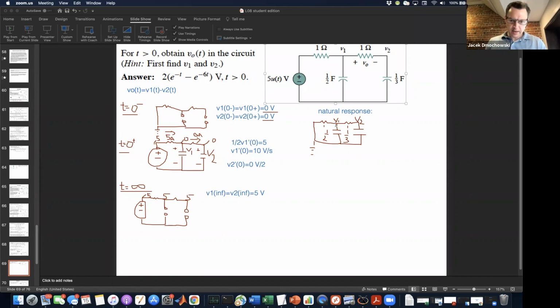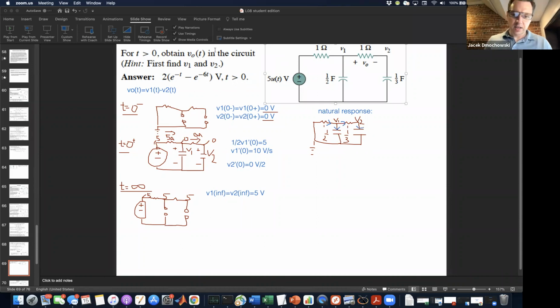So let's write KCL at node 1. Let me see if I can draw the current arrows for you guys. So we're gonna have current flowing this way, flowing down, flowing right, and flowing down.